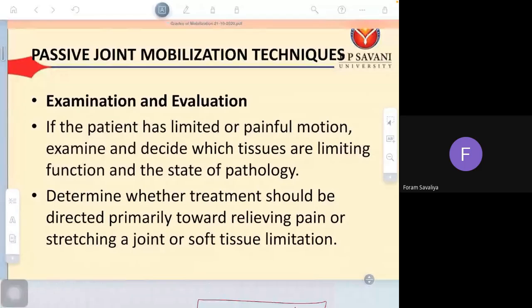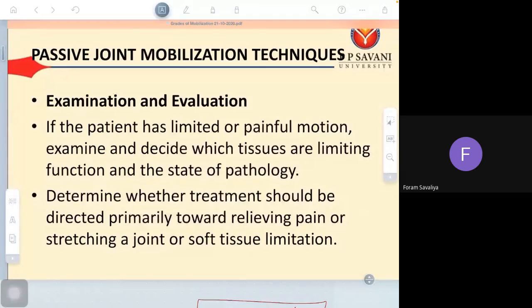Second is, what is the purpose of giving joint mobilization? Why should the mobilization be given? Determine whether treatment should be directed primarily towards relieving pain or stretching the joint soft tissue, that is the capsule.